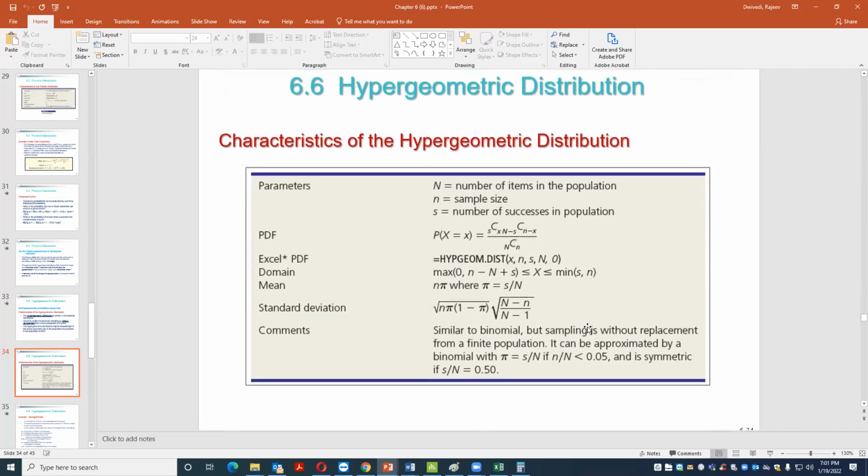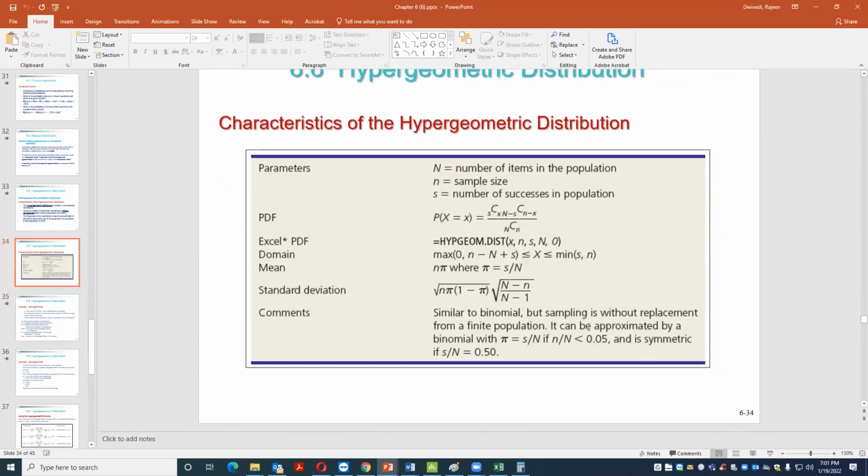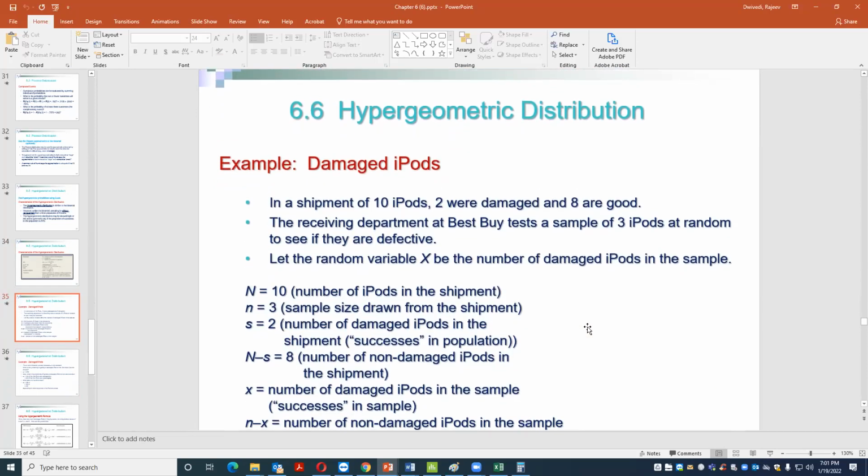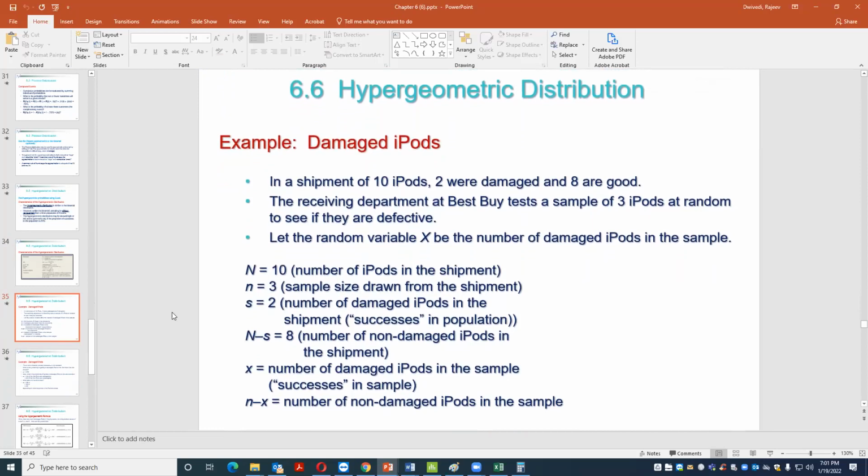Now go further. This is the classic example. Number of iPods in the shipment is 10, out of which they take a sample of 3. S, the number of damaged iPods in the population, is 2.